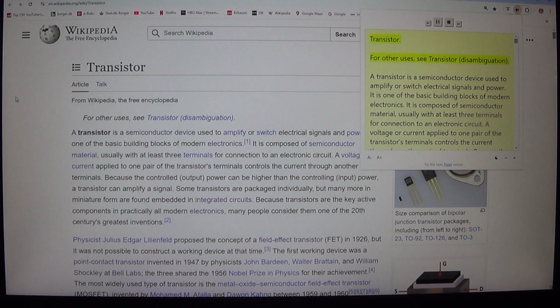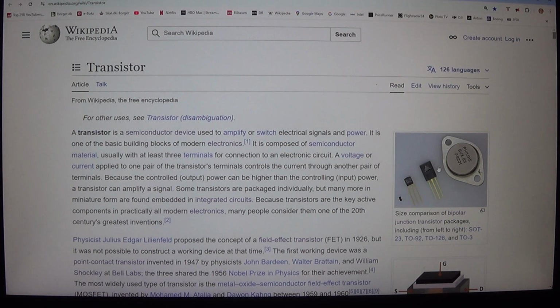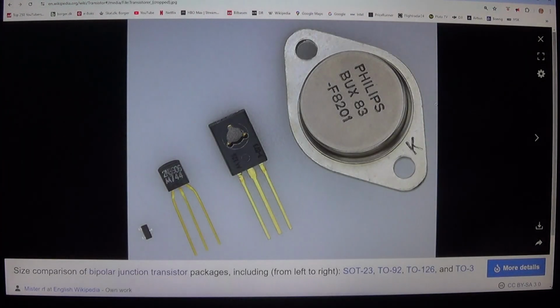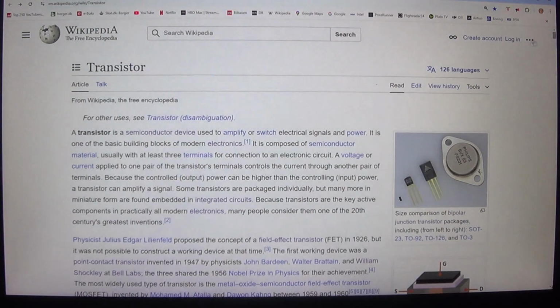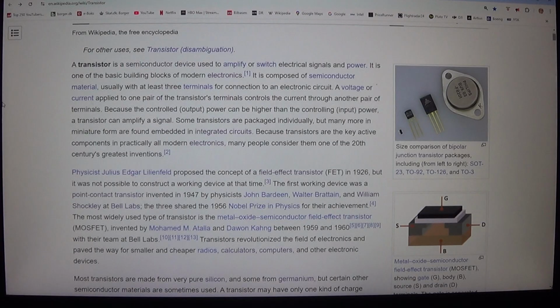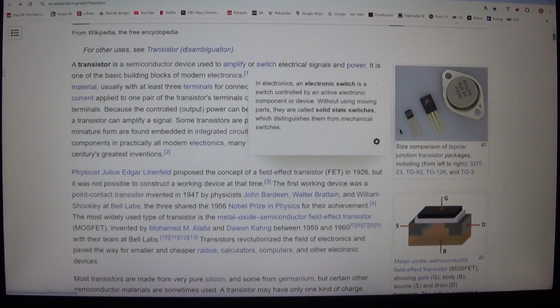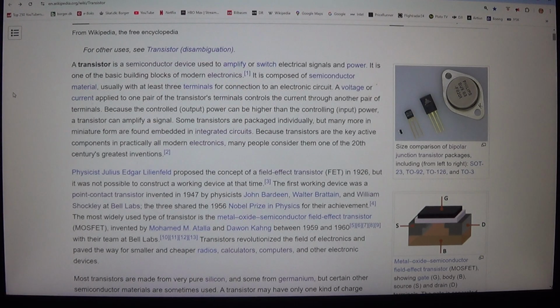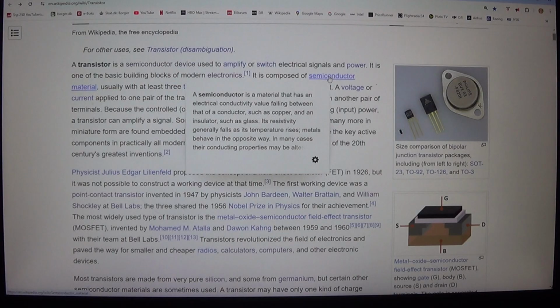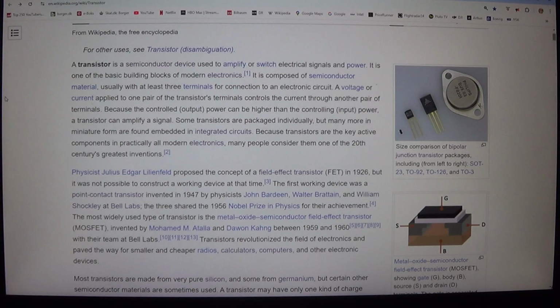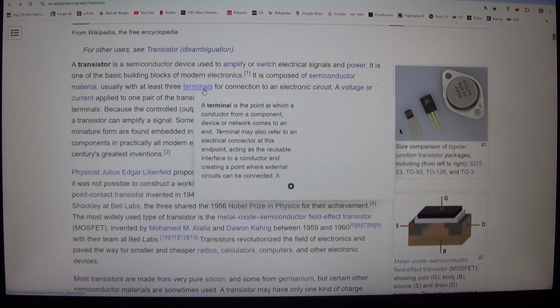Transistor. For other uses, see transistor, disambiguation. A transistor is a semiconductor device used to amplify or switch electrical signals and power. It is one of the basic building blocks of modern electronics. It is composed of semiconductor material, usually with at least 3 terminals for connection to an electronic circuit.